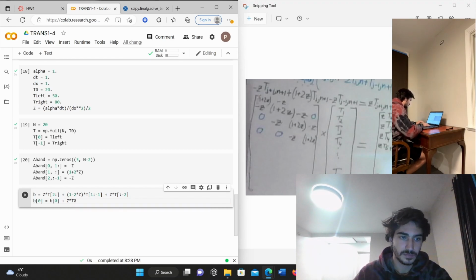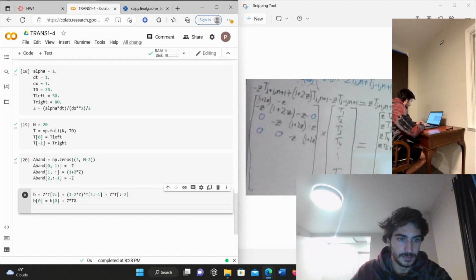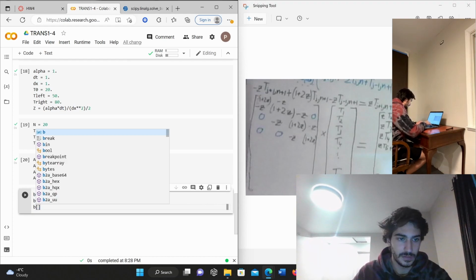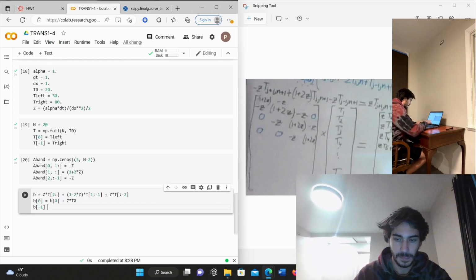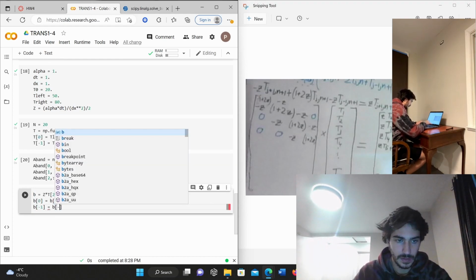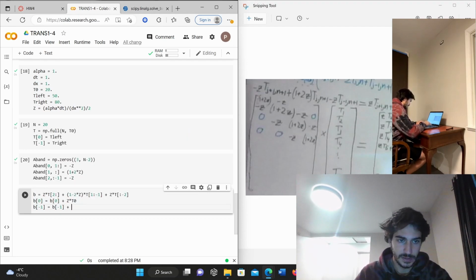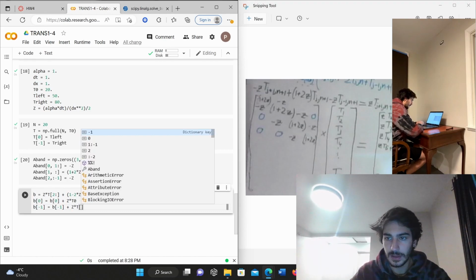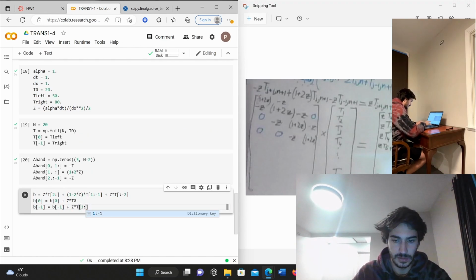Should work out. And then we should do the same with the very last one, so B of -1, again B of -1 plus Z. Now, however, we want to multiply it by n minus 2.